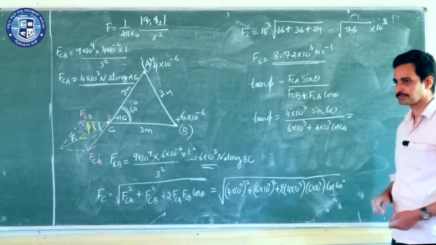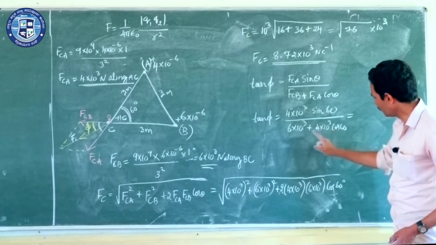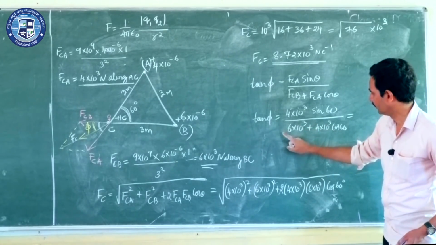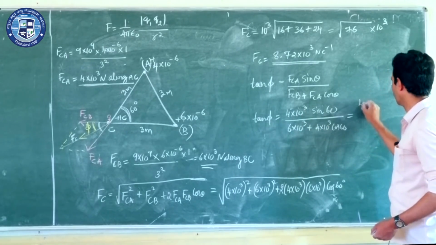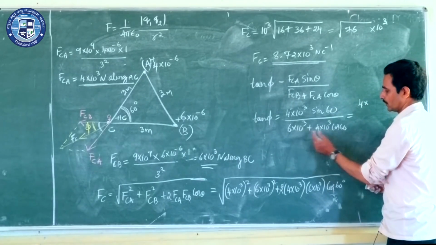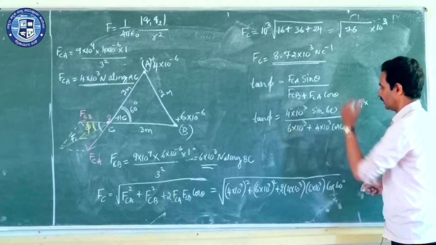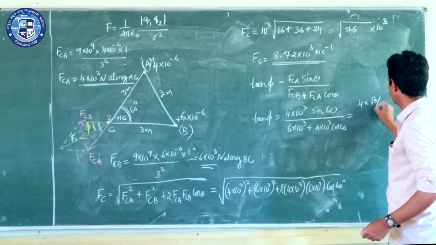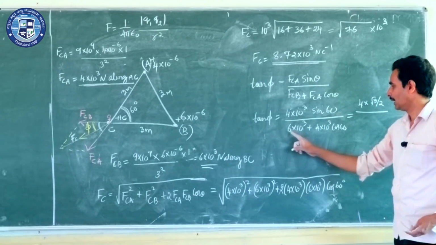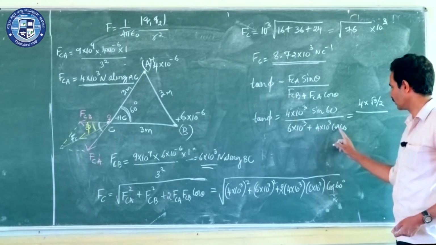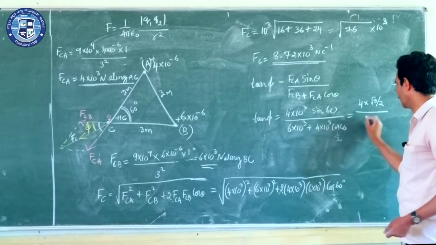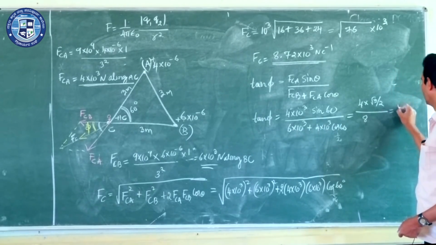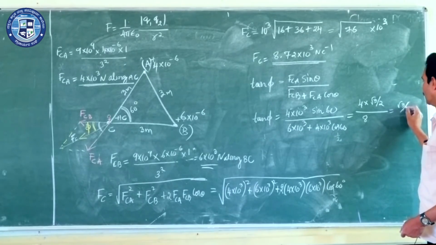Here 10 to the power 3 is common, so it cancels out. So I can write 4 into sin 60, root 3 by 2, divided by 6 plus 4 into cos 60. Cos 60 is half, so 4 into half is 2, and 6 plus 2 is 8. So finally this is 2 root 3 by 8, which is root 3 by 4. This is the answer.